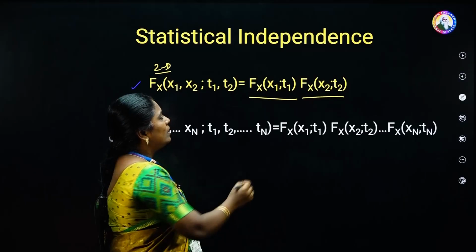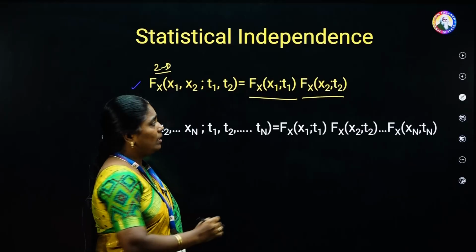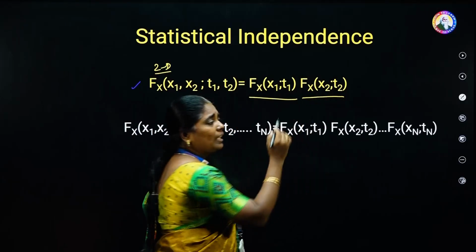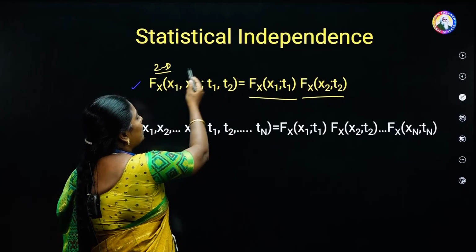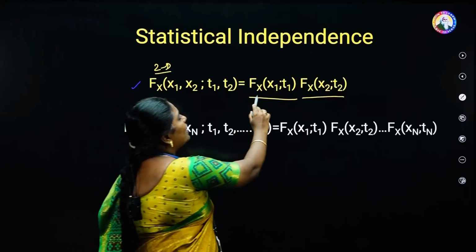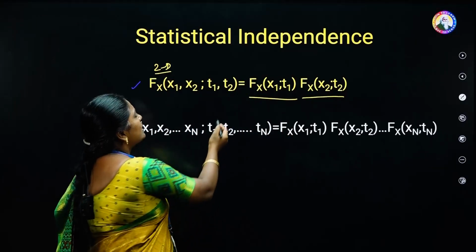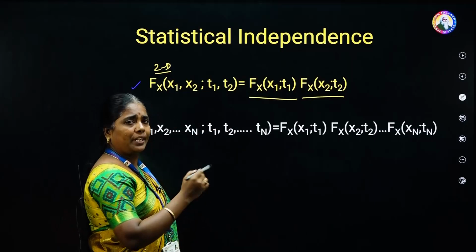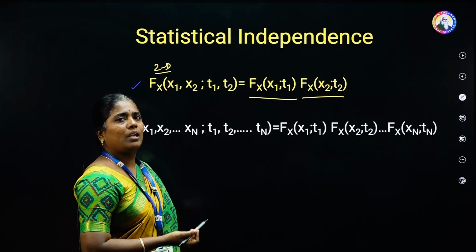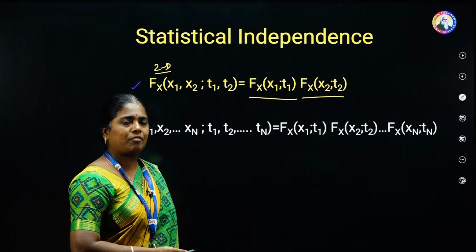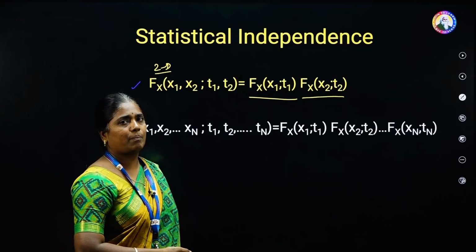Here you can see that this is the distribution function of X(t1) and this is the distribution function of X(t2). That means the joint distribution function is equal to the product of individual distribution functions. Here it is combined, isn't it? Joint, but here we have done it separately. Product of individual, that means X(t1) is not depending upon X(t2). This is the main condition for statistical independence.